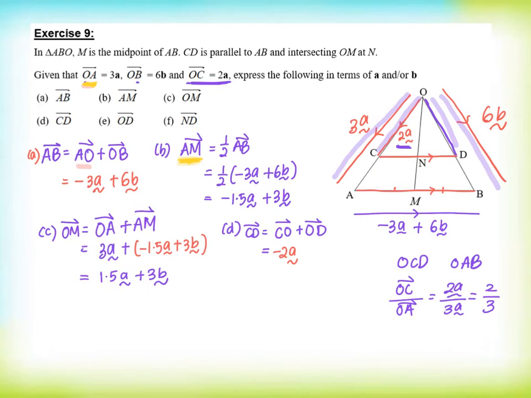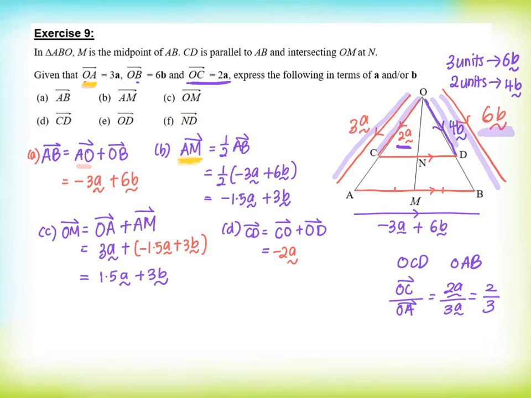So if this 3 units is 6B, what will be 2 units? 2 divided by 3 times 6. That gives me 4B. So OD here will be 4B.